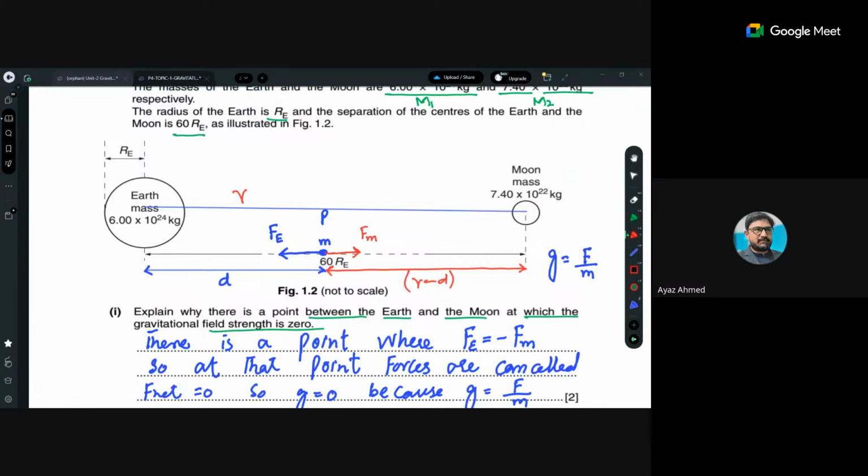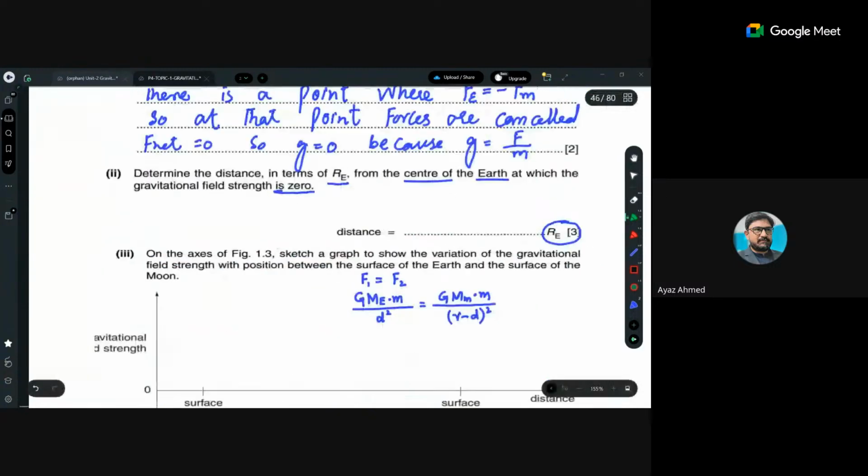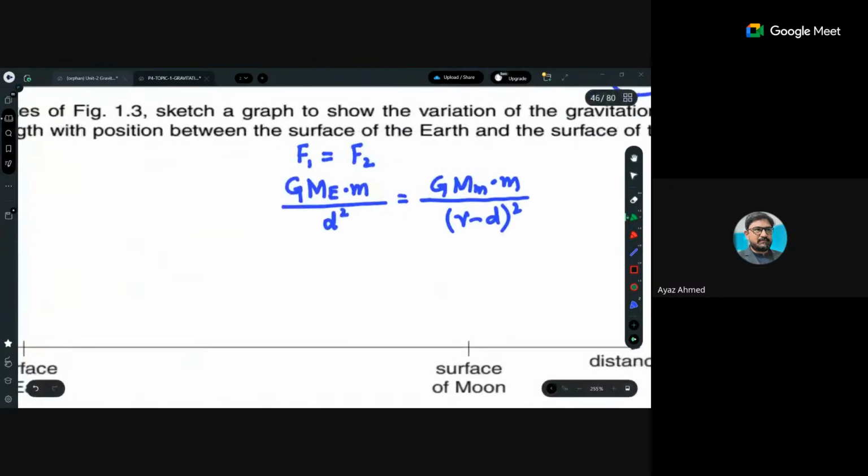So for this object, which is basically your mass, if it is here, the gravitational force of earth is calculated at this much separation, and the gravitational force of moon is calculated at this much separation. So when we reach this point, check, I have done it separately for both.